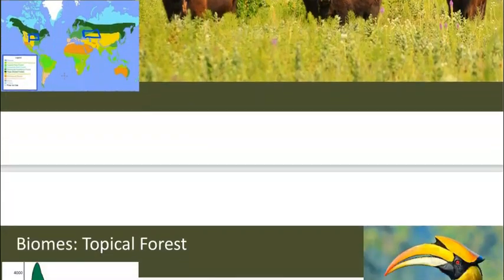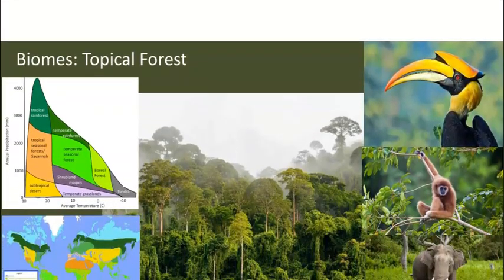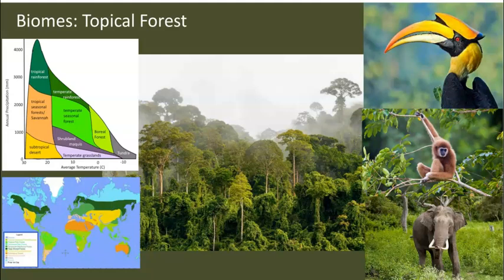As we move further south still, we encounter, of course, the equatorial tropical rainforests with their very, very high net primary productivity, such that they support very complex food webs.